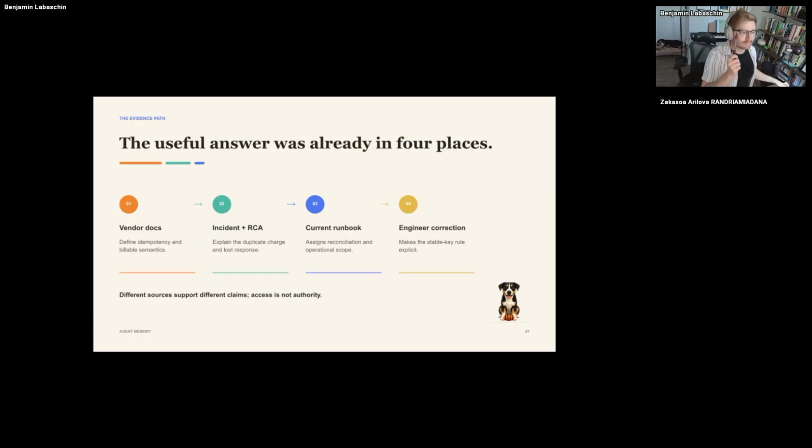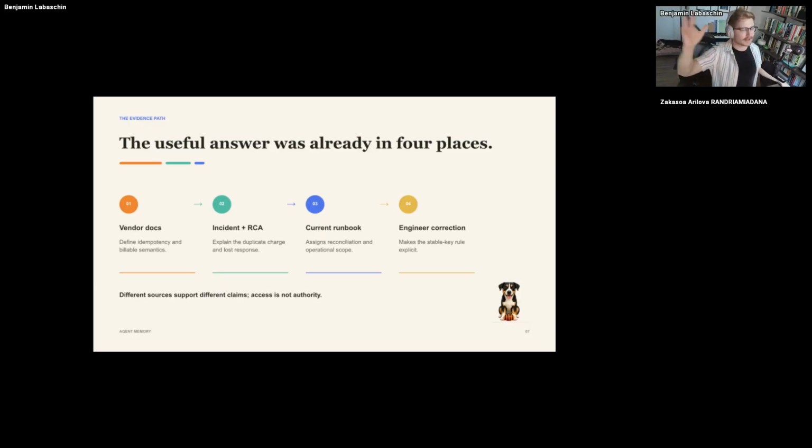Okay, so now we can go back to the incident, right? There are actually pieces of intentionally left memory that the original blank slate agent, because it didn't have the ability to retain information, didn't pull in. And those are vendor docs, an incident with RCAs, a runbook, and an engineer correction. All of those were available to the blank slate agent, but it didn't pull those because it didn't have the infrastructure for it.